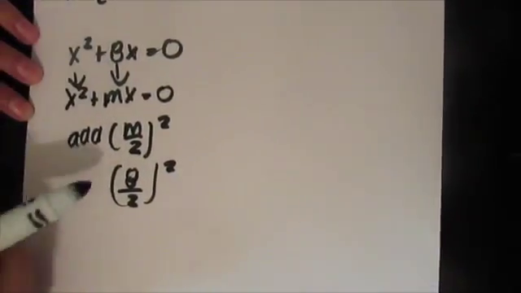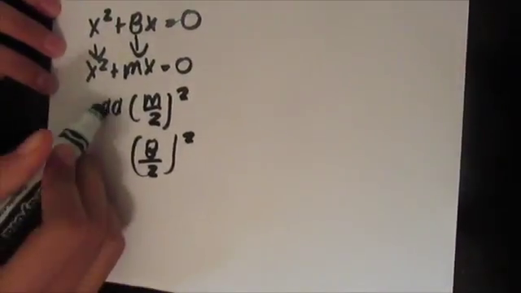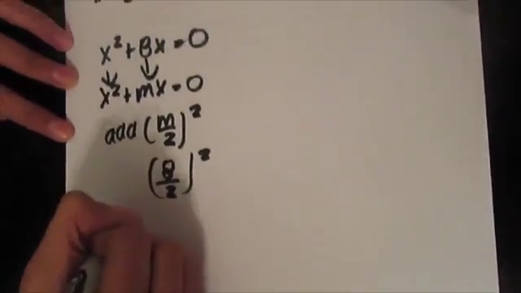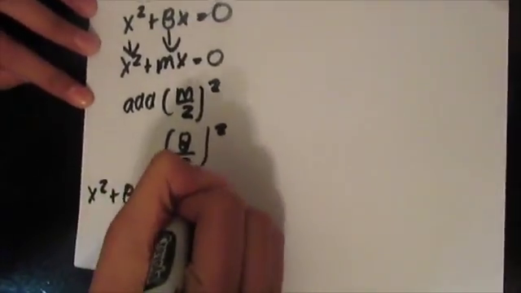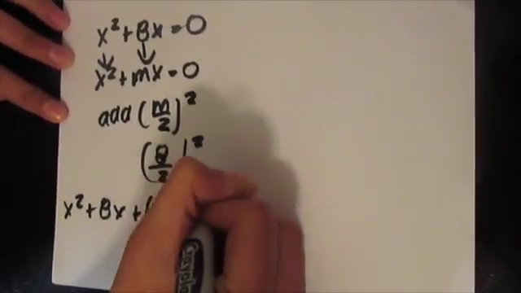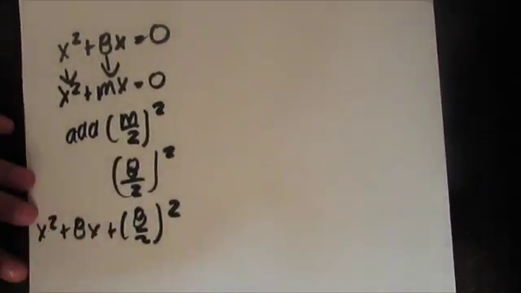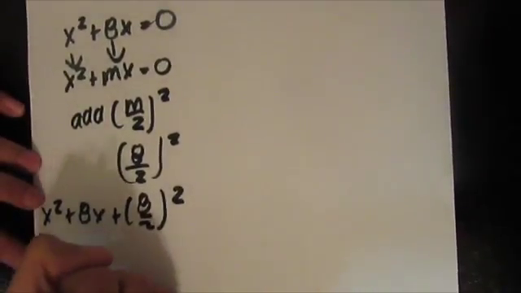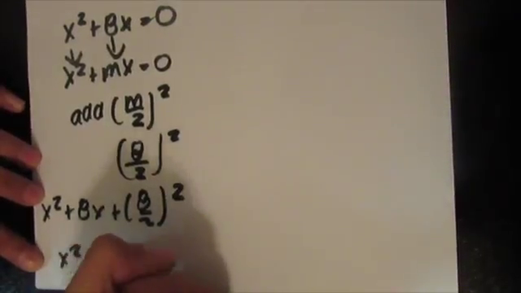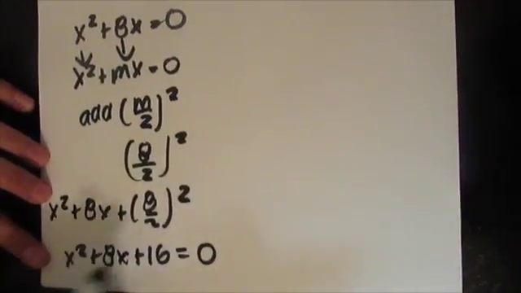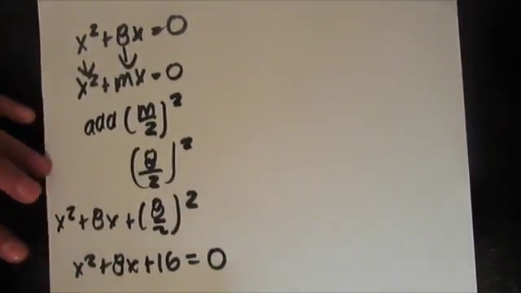Our m is 8. So once we add this to our entire formula, we would get x squared plus 8x plus 8 over 2 squared. Once we simplify, our final result would be x squared plus 8x plus 16. Now we have a trinomial allowing us to use grouping.